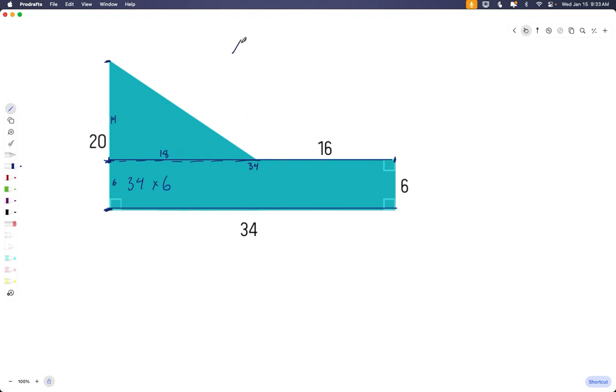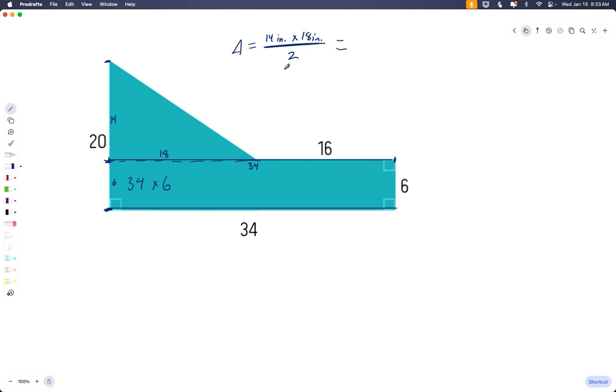So to do the triangle, we would say 14 times 18 divided by 2. Actually, let me rewrite that, because I need to put the unit of measure in there. 14 inches, times 18 inches, divided by 2.